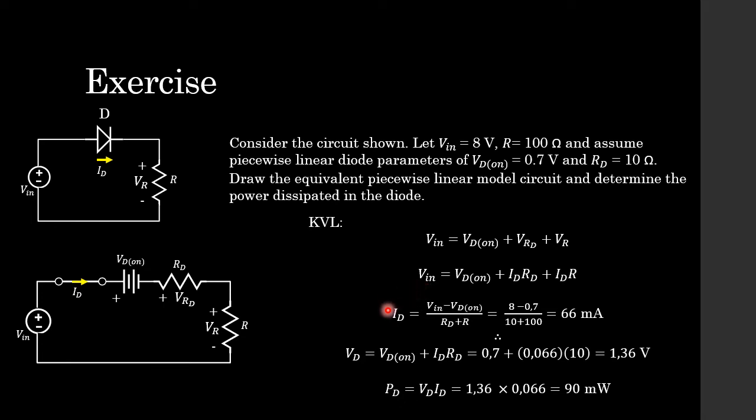We then rearrange the equation to make the diode current the subject. We know all these terms, substitute them in, 66 milliamps for our diode current. Now that we have our diode current, it's a very simple thing to calculate the diode voltage, which, don't forget, is the diode on voltage plus the voltage of the current multiplied by the diode resistance.